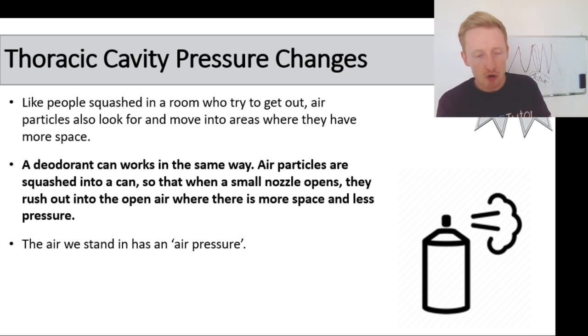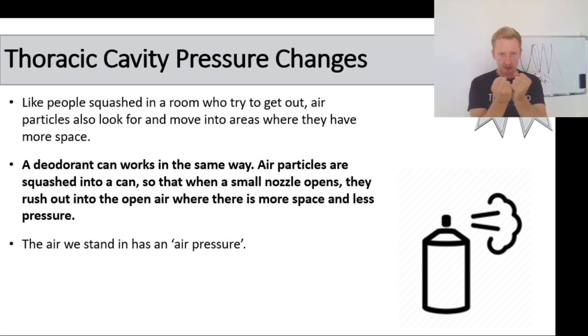Just like how a deodorant can works. All of the particles of the gas inside are compressed into that can. Very high pressure. And as soon as that button's pressed and the nozzle opens, well, that's just like the train doors opening. The high pressure particles seek escape. They want to get out into the low pressure environment. They want space to move around and not bump into things.